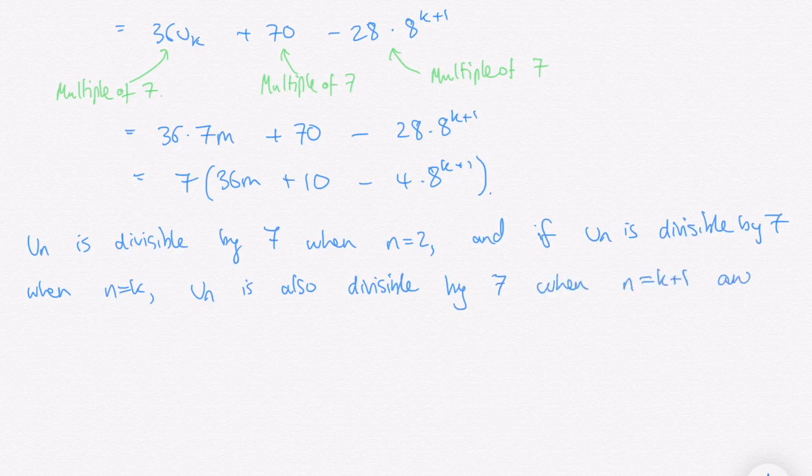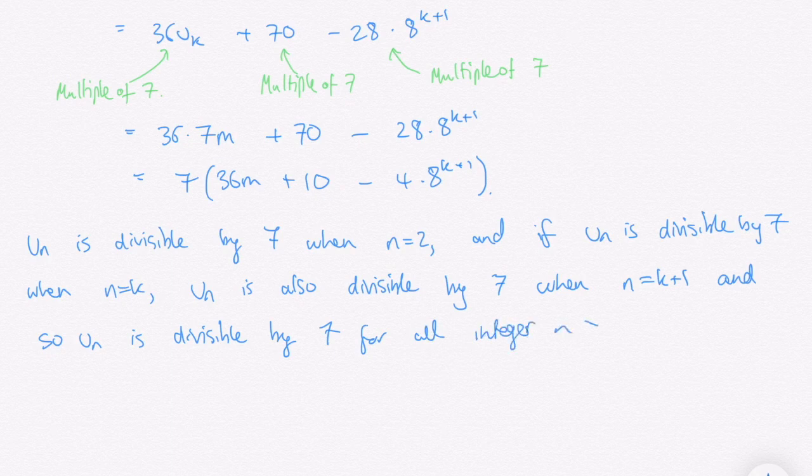And so u_n is divisible by 7 for all integer n where n is greater or equal to 2.